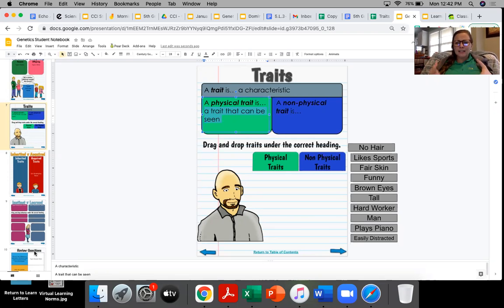Usually when we analyze a character, we look much deeper, like maybe what might motivate their actions, or if they're brave or hardworking, or maybe courageous. So those types of things are non-physical traits. Non-physical traits are things that we cannot see. So a non-physical trait is a trait that cannot be seen. And I'm also going to put that in the chat for you so that you have it. You can copy and paste it if that's quicker for you.